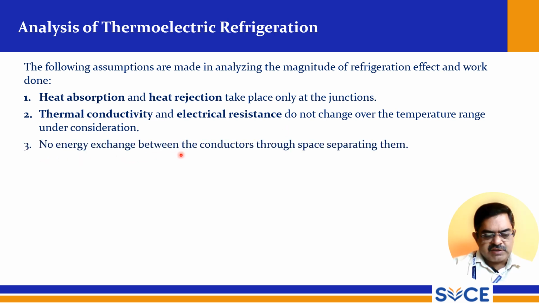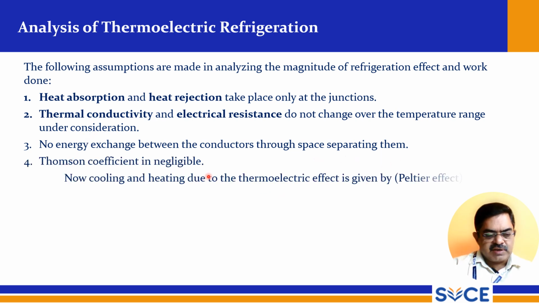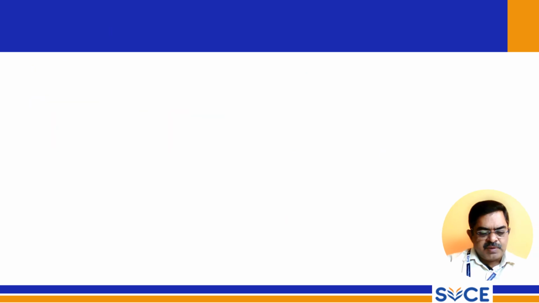No energy exchange between the conductors through the space separating them. Thomson coefficient is negligible. Now, cooling and heating due to the thermoelectric effect is given by the Peltier effect, that is Qc equal to pi AB into Ic, Qh equal to pi AB into Ih.